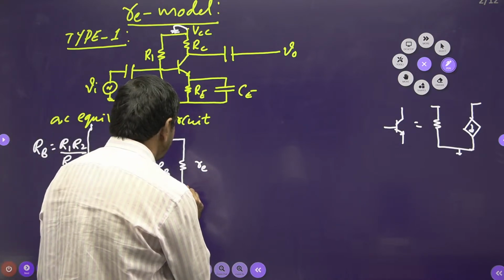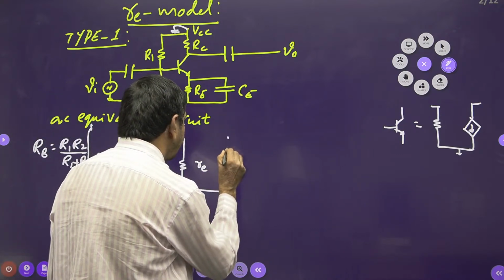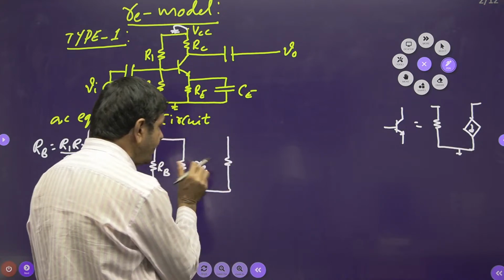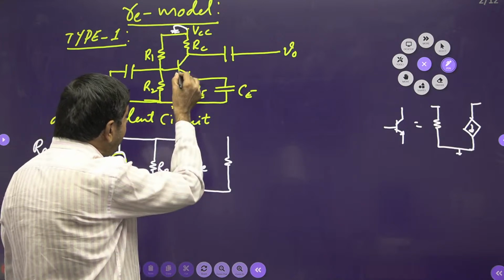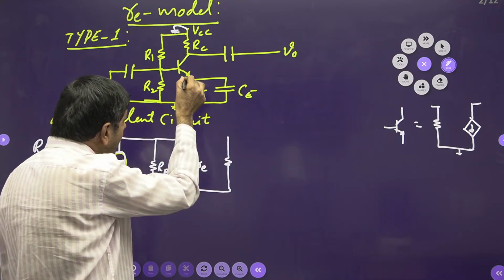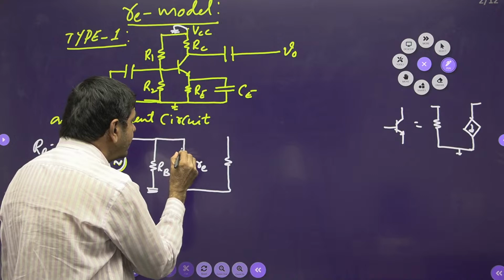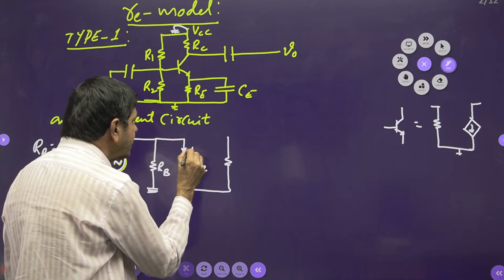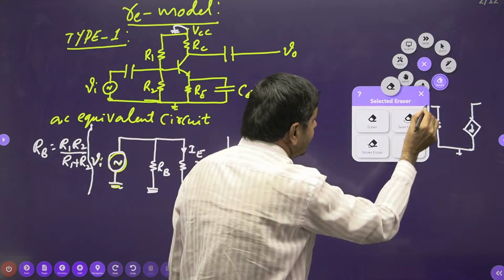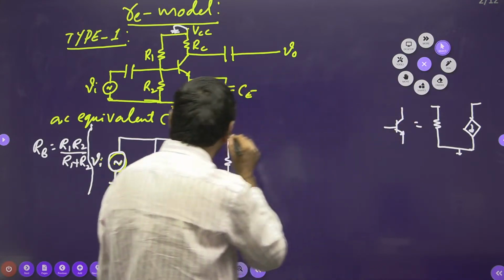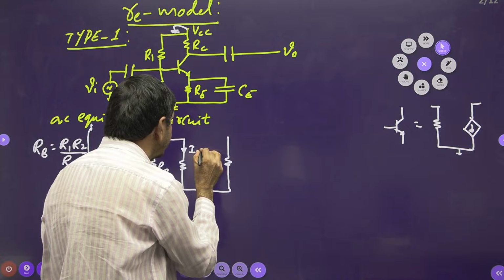And there is a current source. How will the change come still? For the time being, it is RE I have taken. If RE is taken, what current will pass across this? That current we can take as I generally. Please watch what happens. Finally, I am going to convert that into RB. How I will convert into RB, you watch it now.